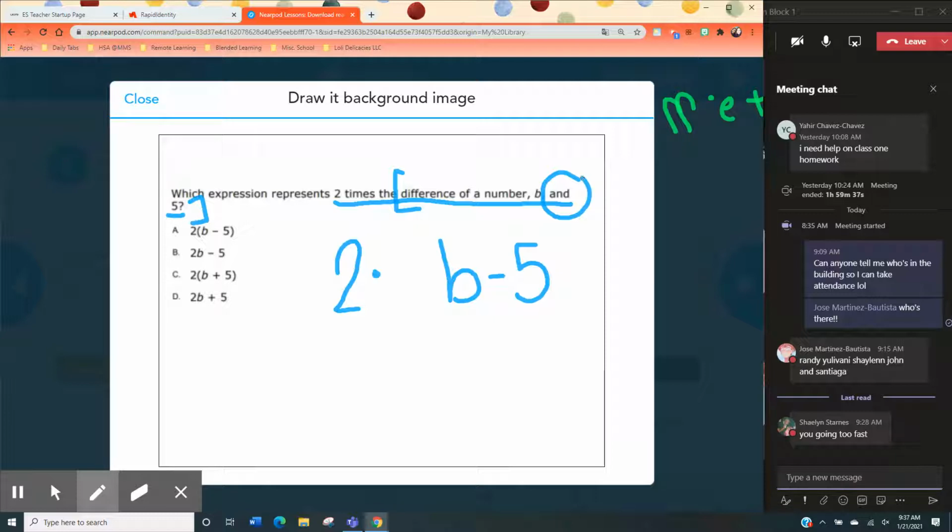It says 2 times the difference of b and 5. If it was just saying 2 times b minus 5, that would be one thing, but it wants 2 times the difference of both. So I have to put parentheses and I'm multiplying 2 times both of those numbers.